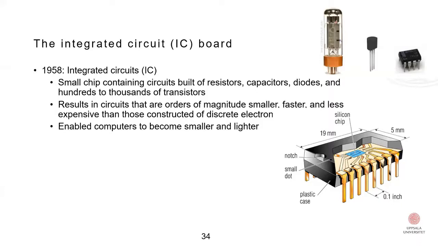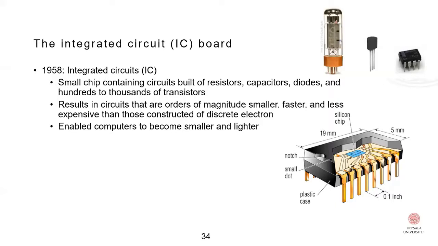But in this IC, the paths were much shorter than the previous circuits, so they got even faster. It's like traveling. If you travel a shorter path, you get to the destination faster. So here, because the paths are much shorter, the computations are much faster.